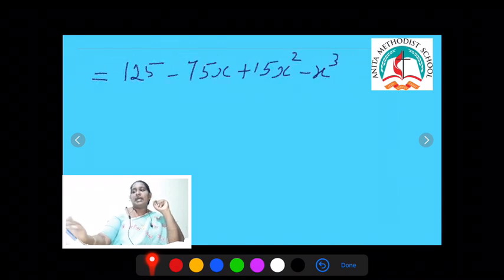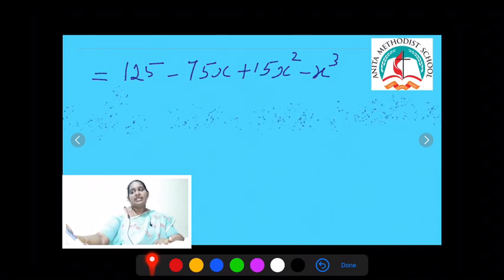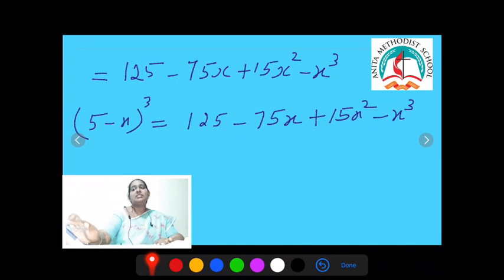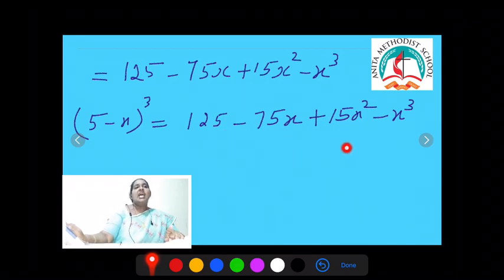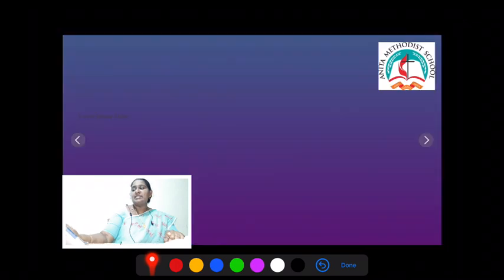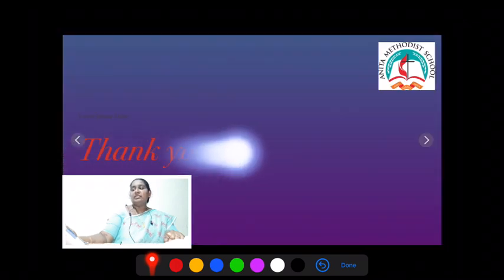So you got the answer 125 minus 75x plus 15x square minus x cube. So you got, children, 5 minus x the whole cube is equal to 125 minus 75x plus 15x square minus x to the power 3.